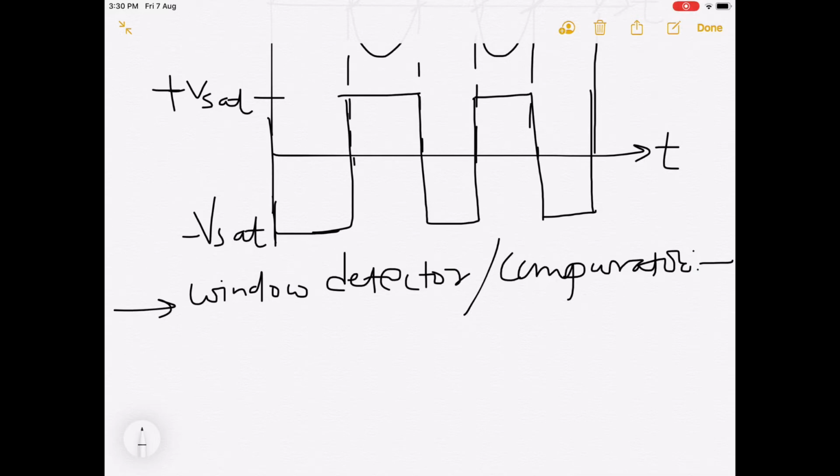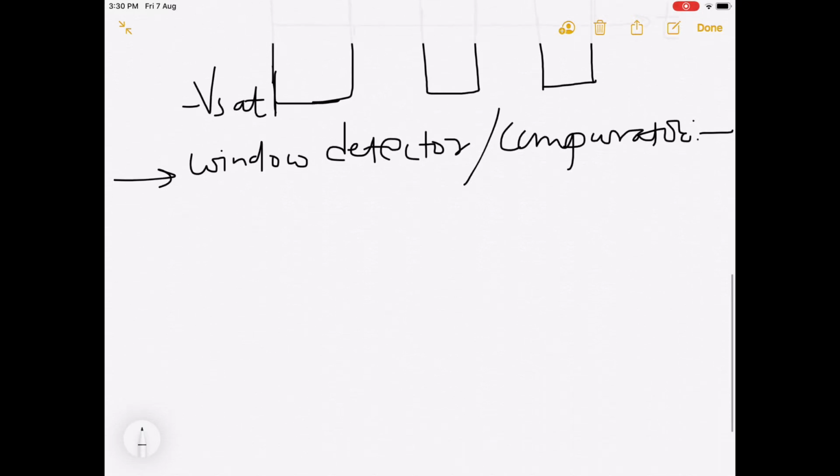Okay. So what is the circuit diagram for that? So first of all we go for the circuit diagram and then the explanation. So in the circuit diagram there is op-amp as usual, input plus minus, your threshold voltage, one threshold voltage is Vth, it is applied to plus sign. Okay.